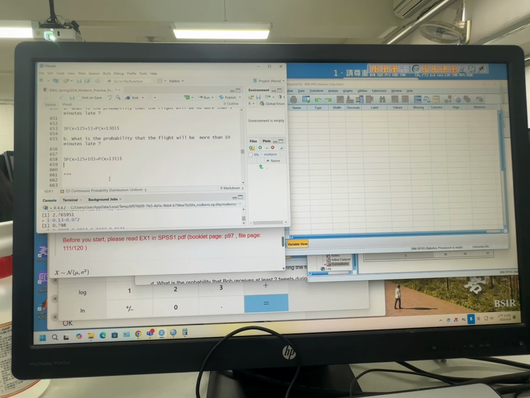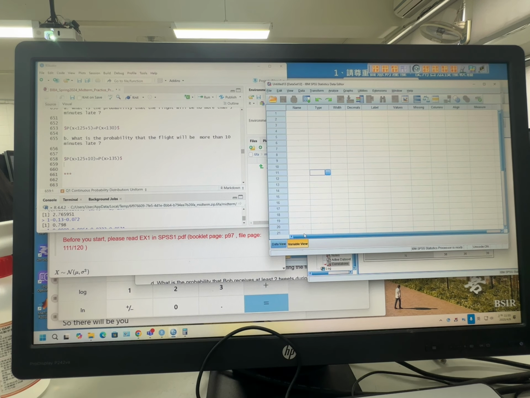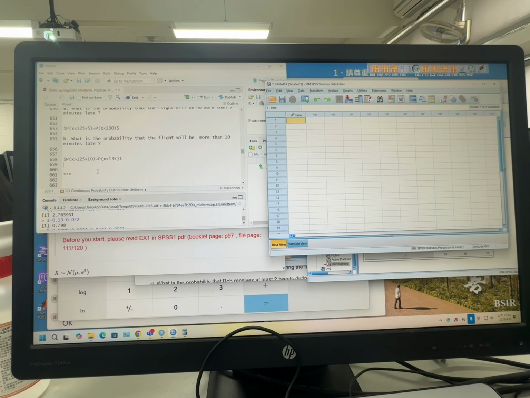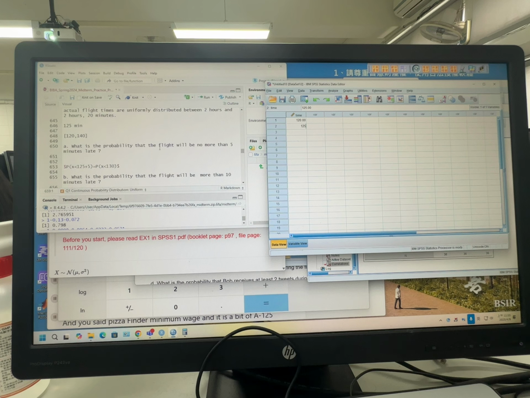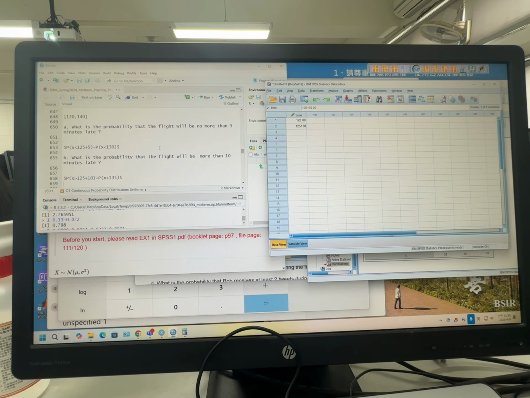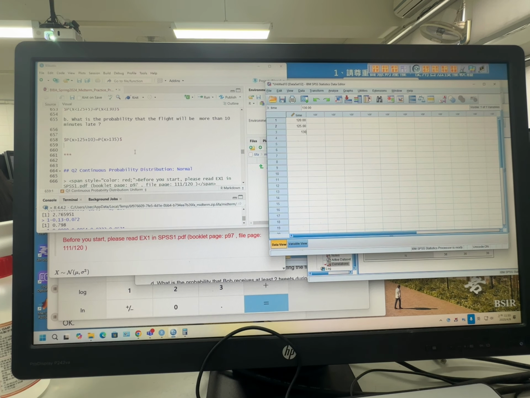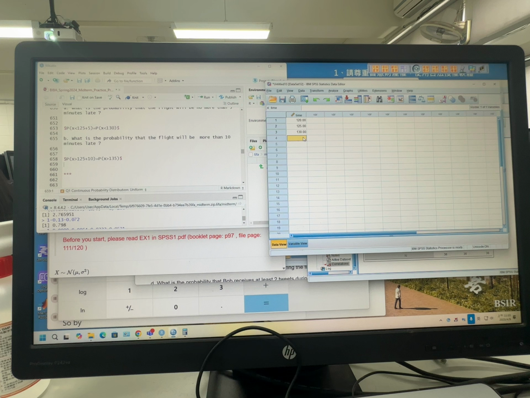You can create a variable called time, and then scale. You specify the minimum of 120, then 125, 130, and 140.